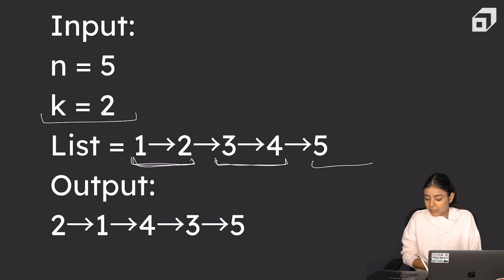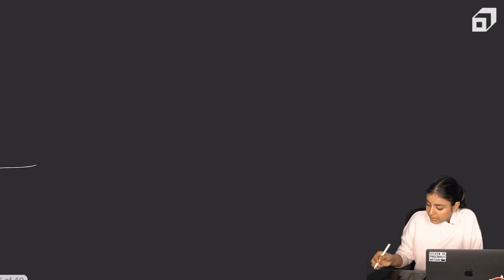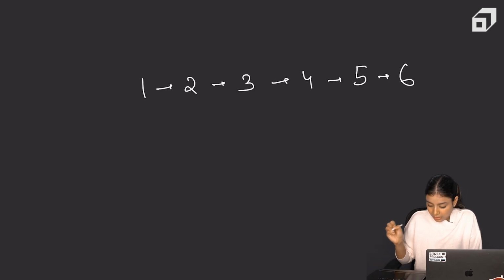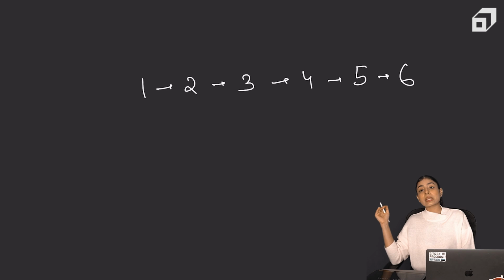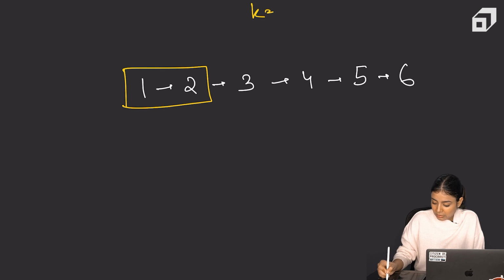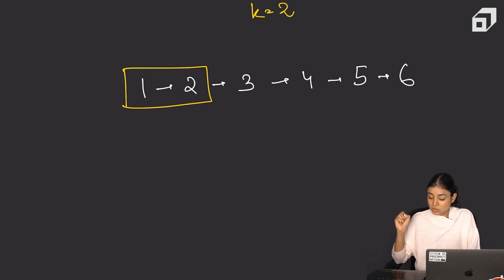Okay, so for example, if I have this linked list, now we've already seen how to reverse, right? We know how to reverse a linked list, but we saw how to reverse the complete linked list. Now what we need to do is just reverse k nodes at a time. At first, we'll have to reverse these two nodes if k's value is given to us as 2.